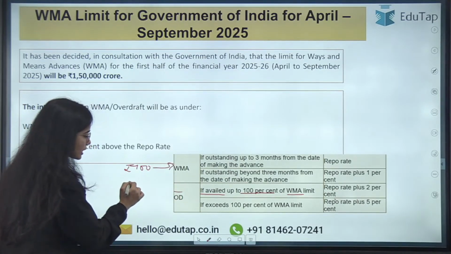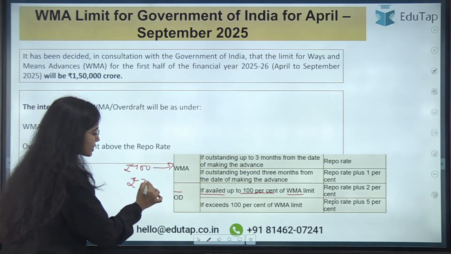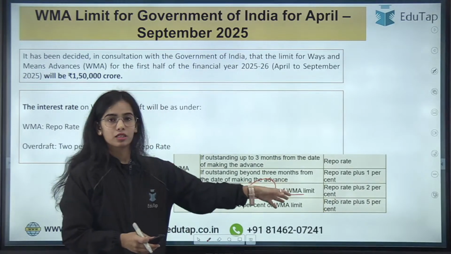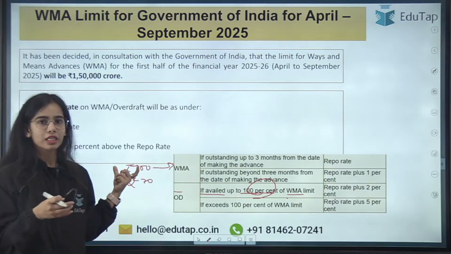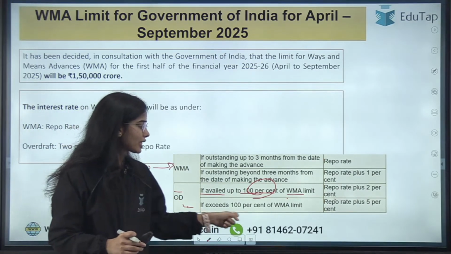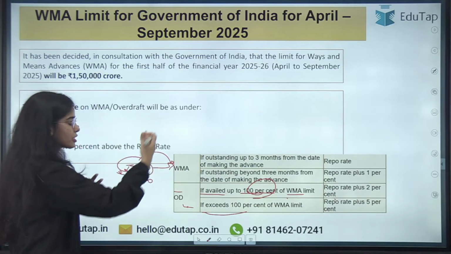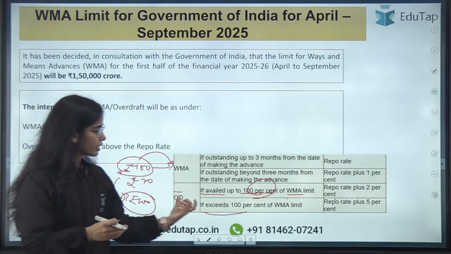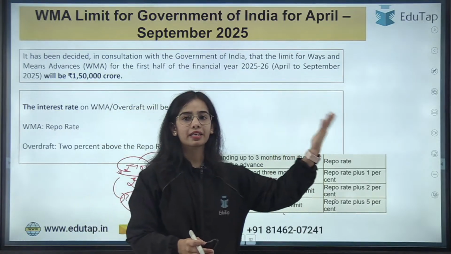Now overdraft is taken, that is also up to the limit of 100% of WMA. Let's say 70 rupees or 80 rupees overdraft is taken, that is not 100% of the WMA limit. But let's say 100 rupees under WMA is taken, as well as more than 100 rupees under overdraft. Then the overdraft is exceeding the 100% of the WMA limit, and an even higher interest rate will be charged.